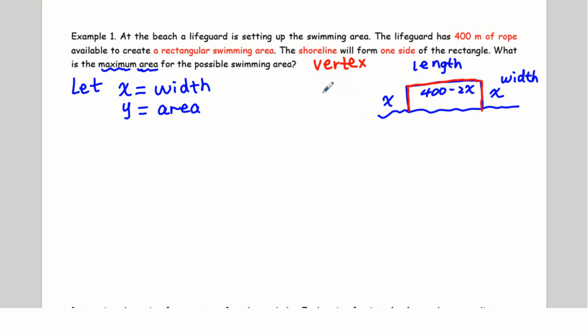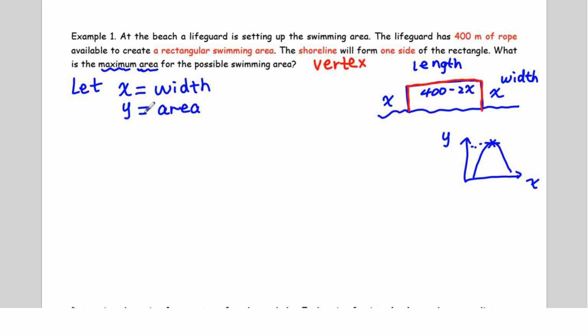Because if we have the graph, with x and y, and a quadratic function, then the maximum or minimum value refers to the y value. So that's the reason we introduce y equals whatever you are looking for, maximum or minimum.